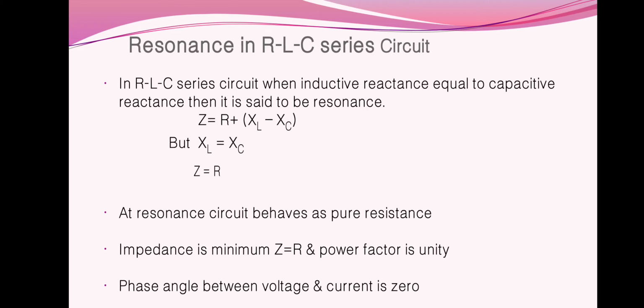Impedance is minimum because XL equal to XC, so impedance reduces, that is Z equal to R, and power factor is unity. Phase angle between voltage and current is 0. It is just like series resistive circuit, AC resistive circuit.